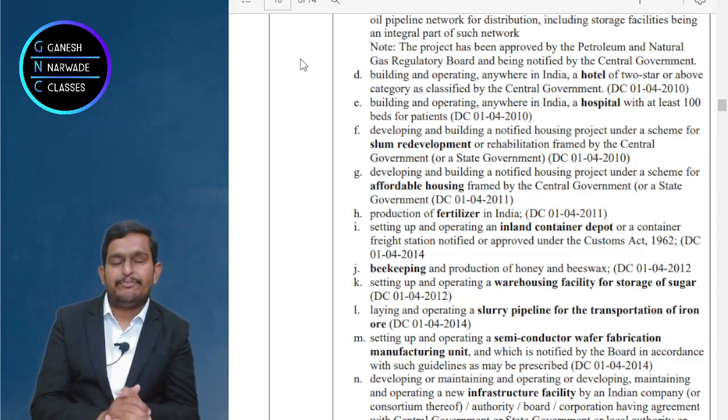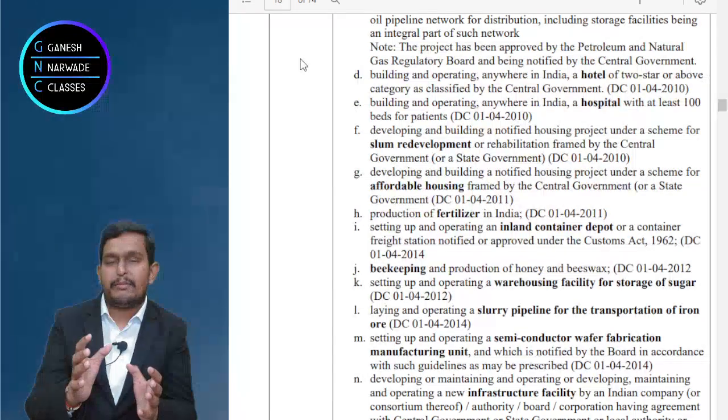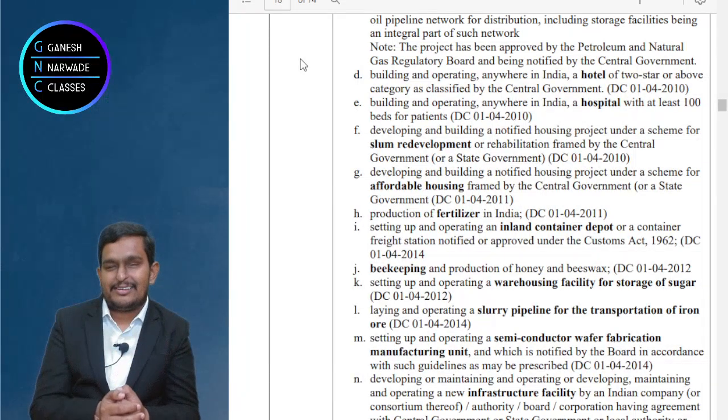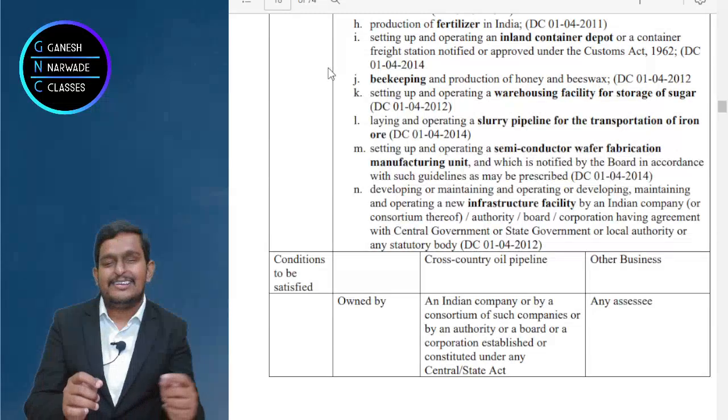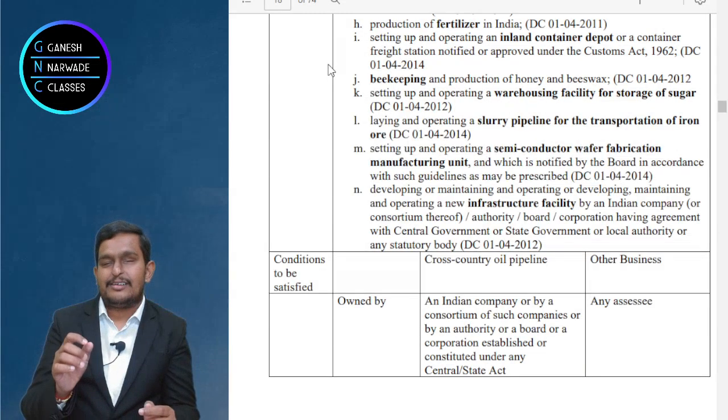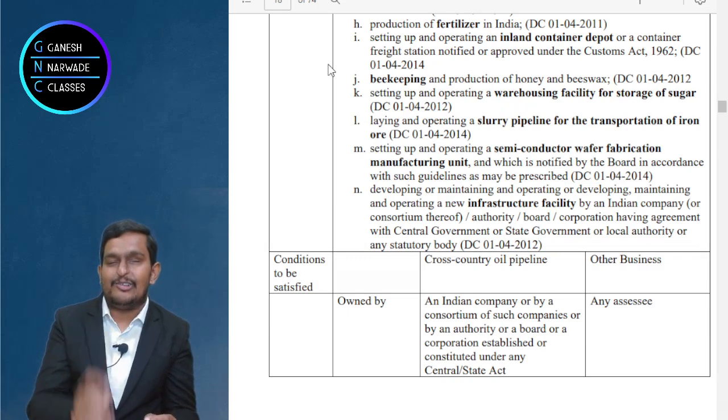Then there are some businesses like semiconductor. Now this is a very heavy word. Please try to remember with me. Semiconductor wafer fabrication manufacturing unit. What a word, isn't it? Semiconductor wafer fabrication manufacturing unit.